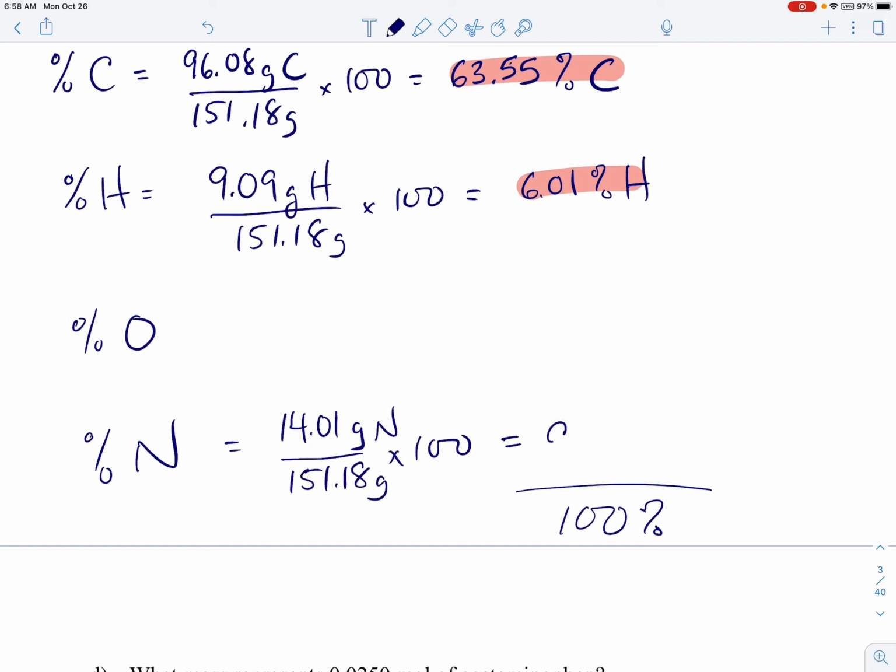That would have given you 9.267% nitrogen. You would have calculated that earlier. And that's a percentage based on mass. So it means for every 100 grams of acetaminophen, there were 9.267 grams of nitrogen, right?